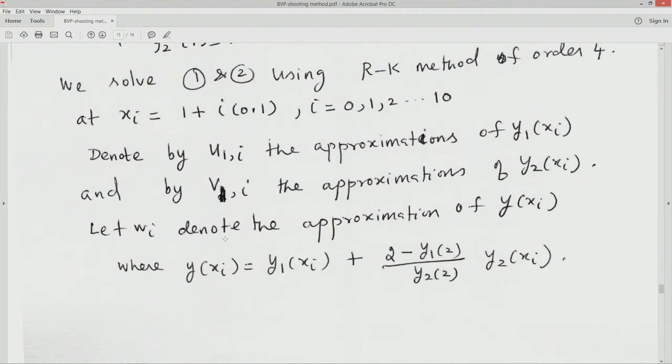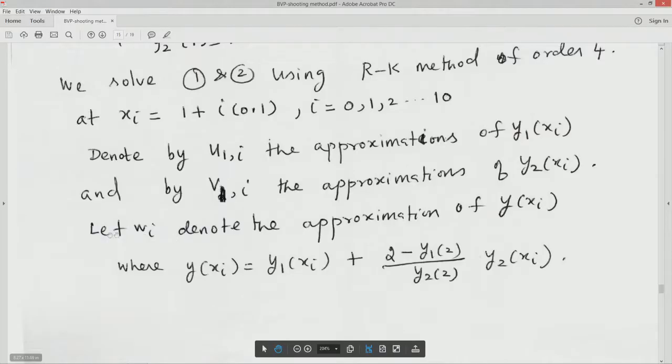What is y at xi? We have already seen. We have to generate the solution of the boundary value problem by a linear combination of the two solutions of the two initial value problems, namely y of x is y1 of x plus k times y2 of x, where k is given by beta minus y1 at b by y2 at b.